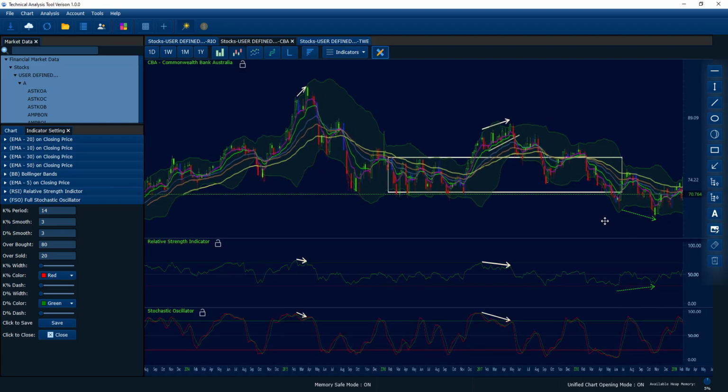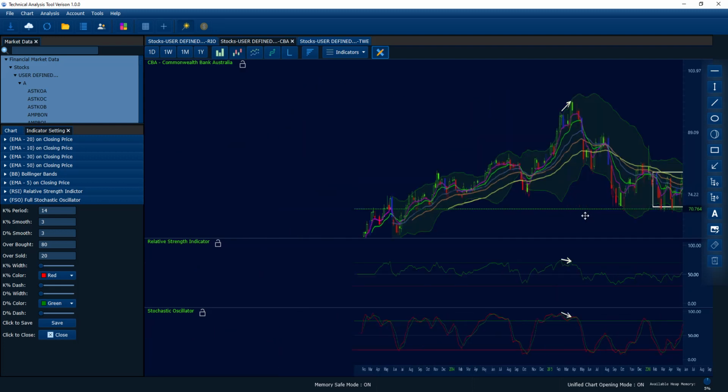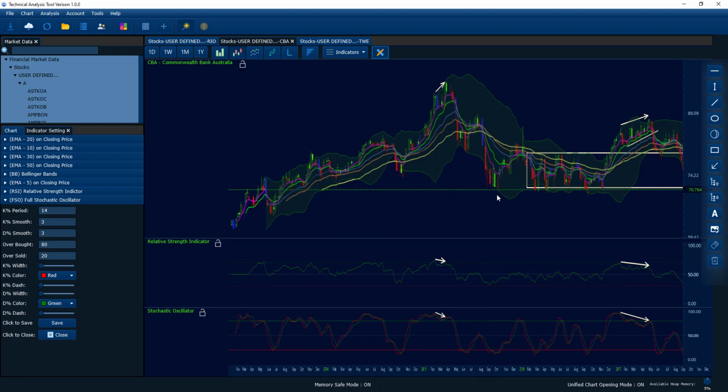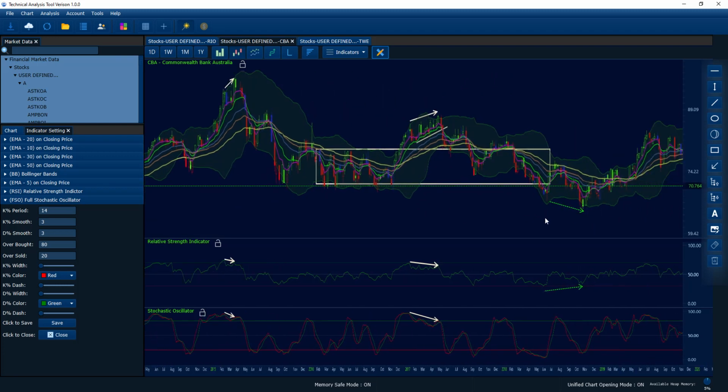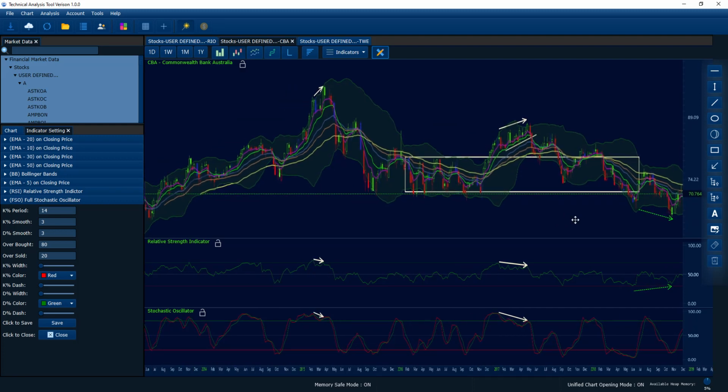As you can see here, remember that's the support from here. So the price breaks down this very important, significant support line, so that's very bearish. But somehow this price created a lower low, even penetrating below the Bollinger Bands lower band, but meanwhile the RSI reading is higher.